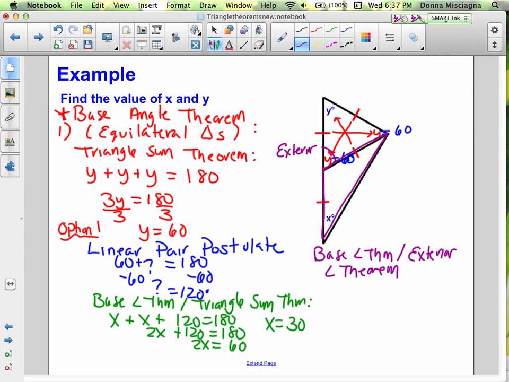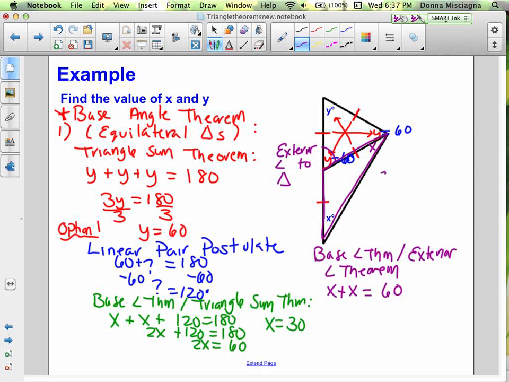So it's an exterior angle to the purple triangle. So using base angle theorem, that has to be x, right, because it's opposite the congruent sides. X plus x has to add up to 60 degrees, right?